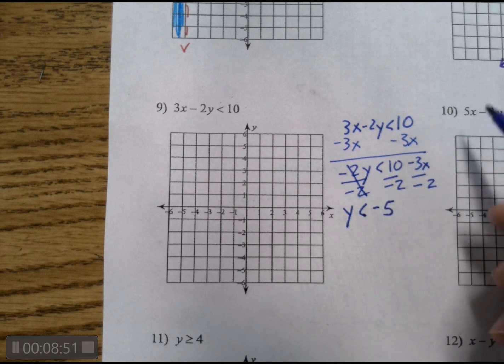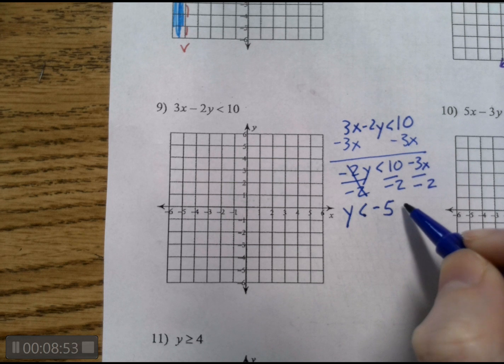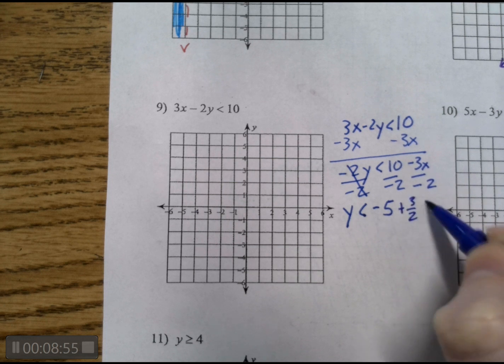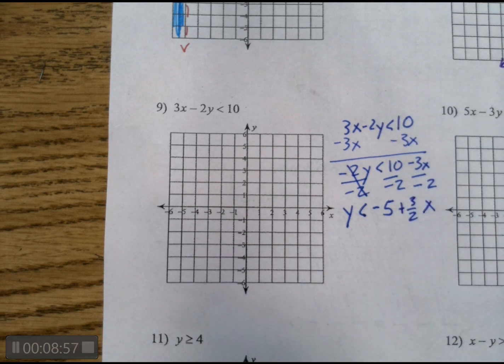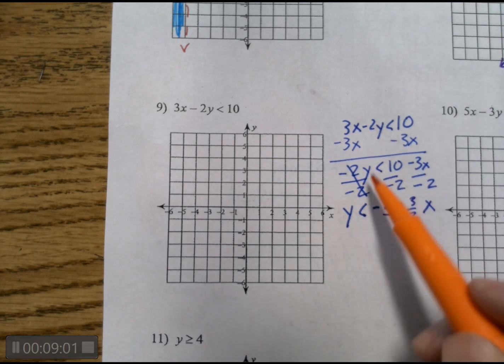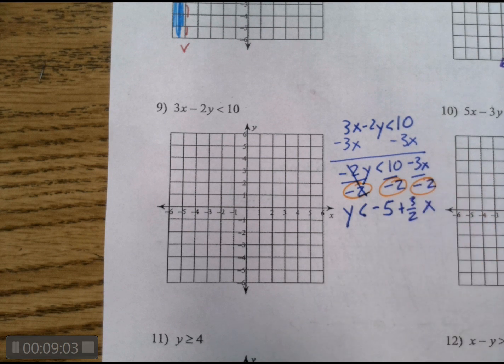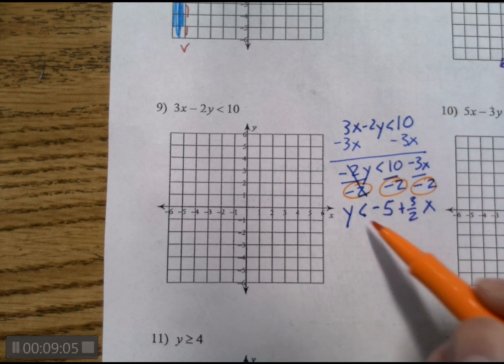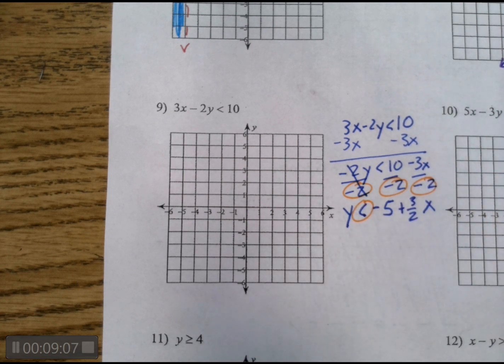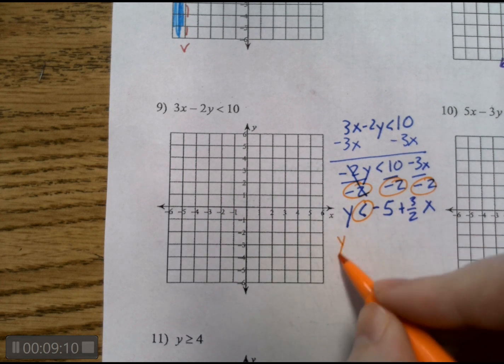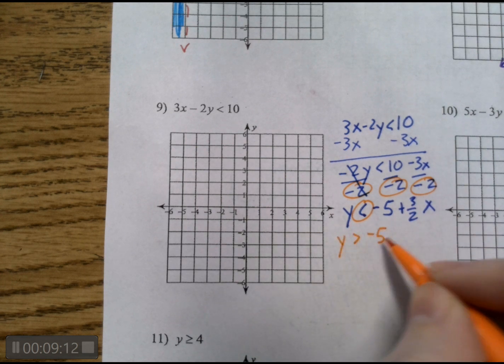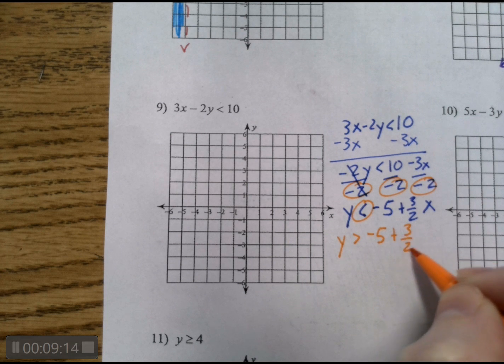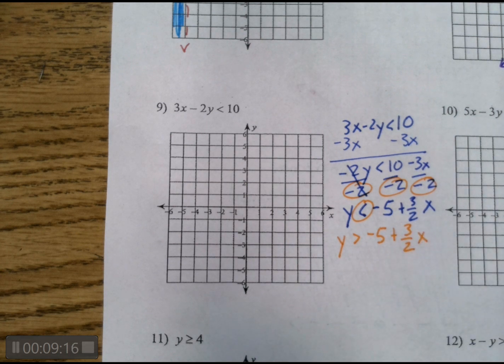And -3 divided by -2 gives me +3/2x. I'm hoping you guys are screaming, but wait a second. You divided by a negative. So what needs to change? Our sign needs to change. So y is actually greater than our line. Okay?